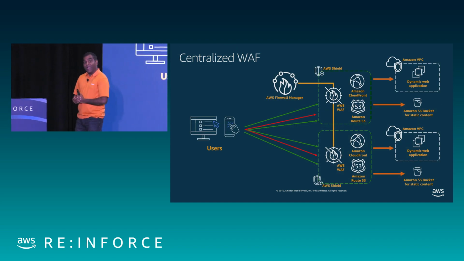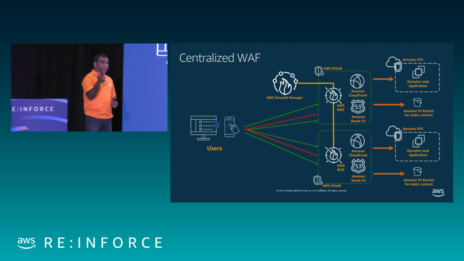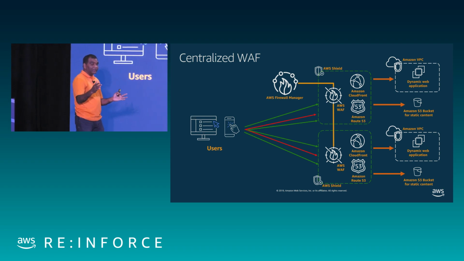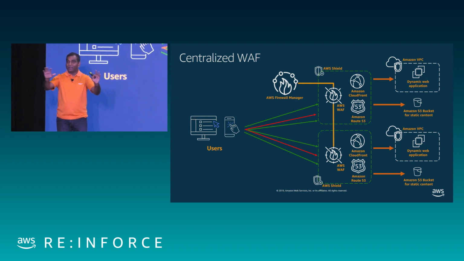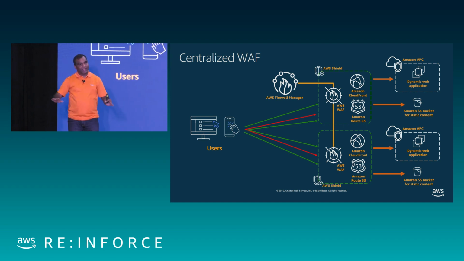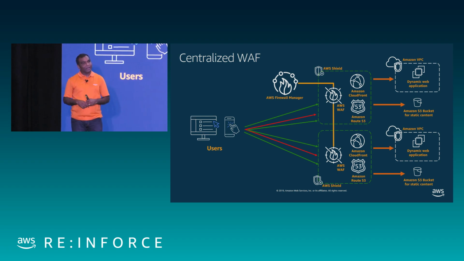Then comes centralized WAF. Okay, I took care of my infrastructure from one central place. Now I'm taking care of my data scans in my S3 buckets and in the public repositories from one place. Then comes WAF.